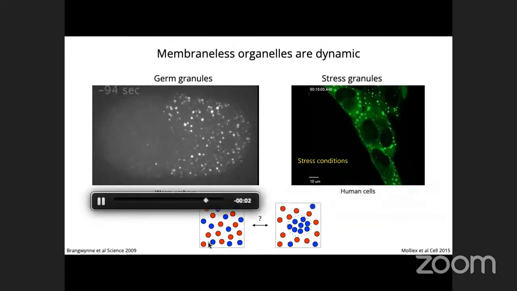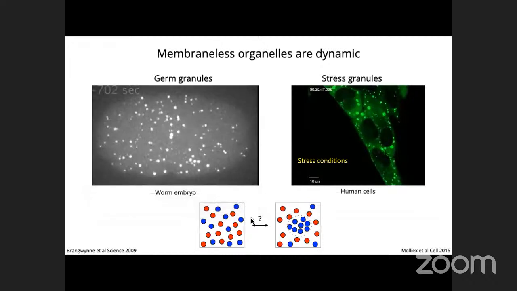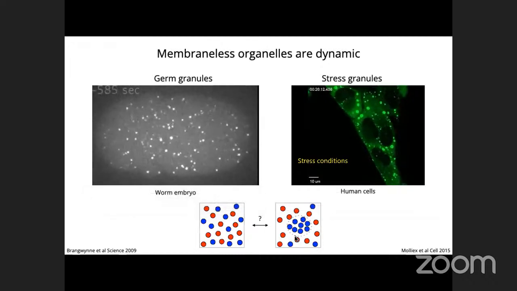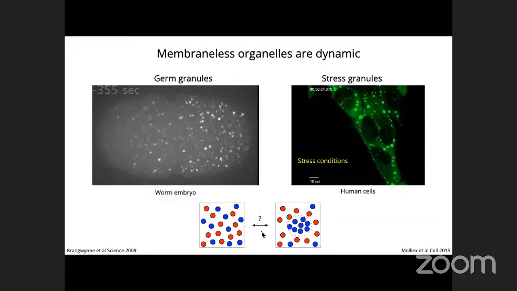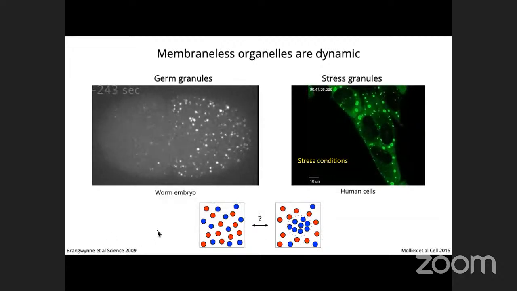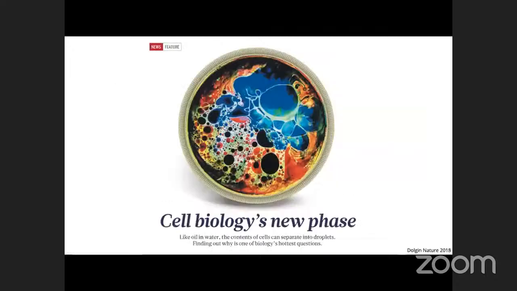We have a system that has no boundary, and yet it still is able to concentrate specific molecules. That is the question that was posed a little over 10 years ago that ushered in a new phase in cell biology, and it is a pun that is terrible, and it will become more obvious in a second.